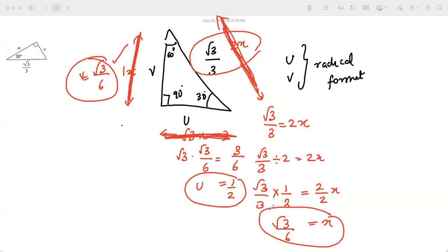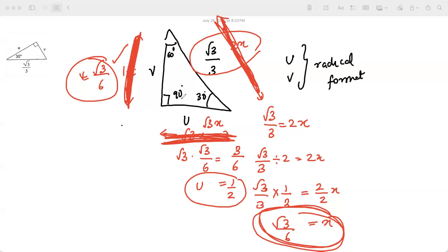When I found x equal to root 3 by 6, this side is root 3 times x. So just write this down: 1x, root 3x, 2x. For that only we found out the derivation.